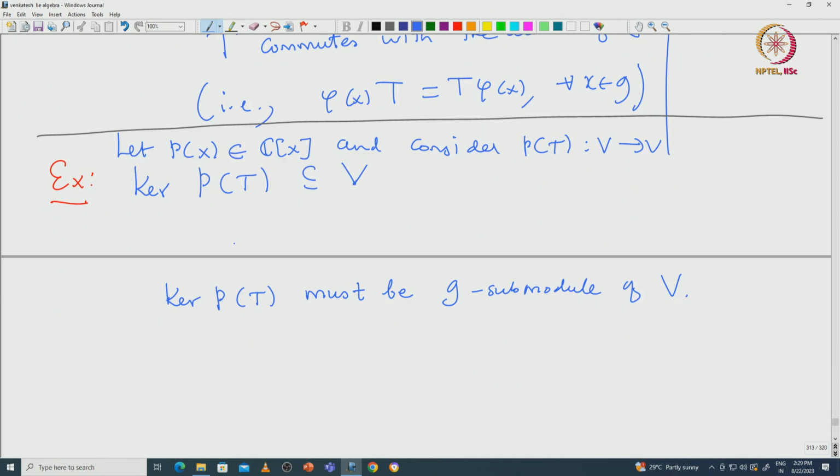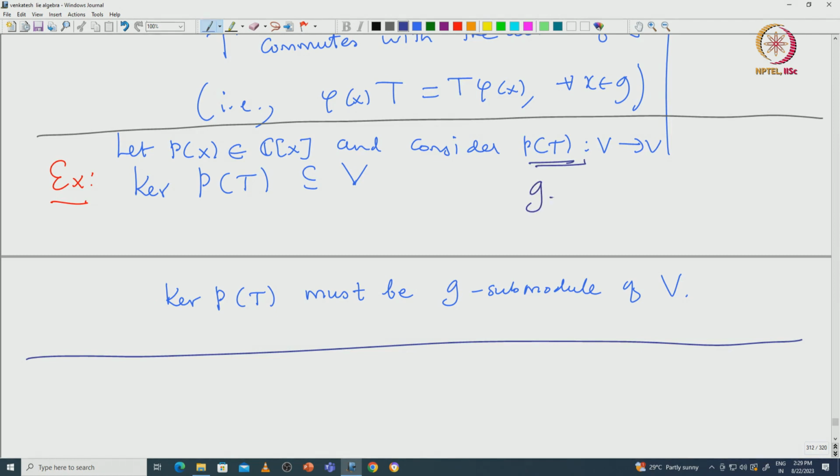Or otherwise you can check directly, there is no issue, but this is the reason: T commutes with phi of x for all x, so that implies P of T also commutes with phi of x for all x. So, that makes P of T a G module homomorphism, and that way we get the kernel of P of T as a G submodule.